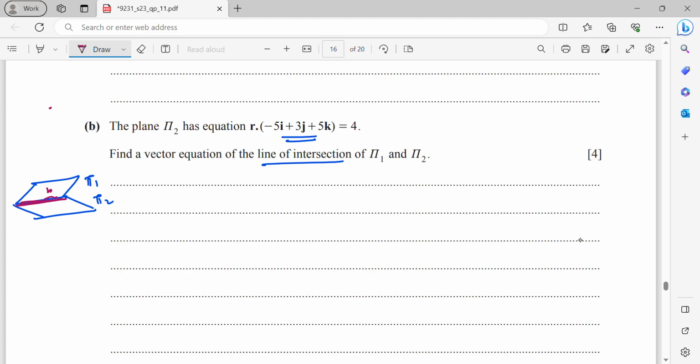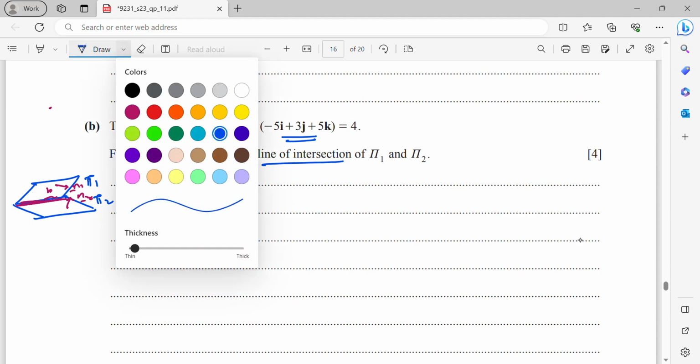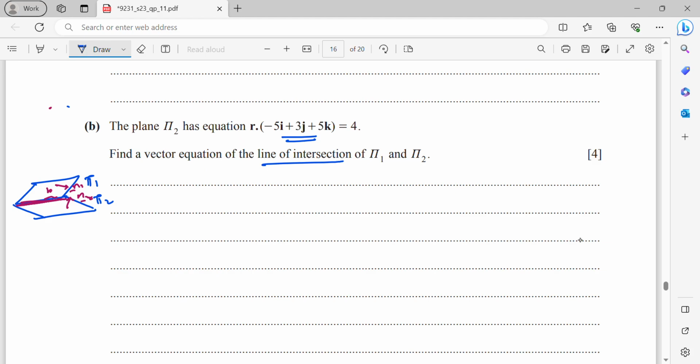Pi 1 will have the n1 and this is your n2. They will both be perpendicular to b, which means now my b is parallel to n1 cross n2.